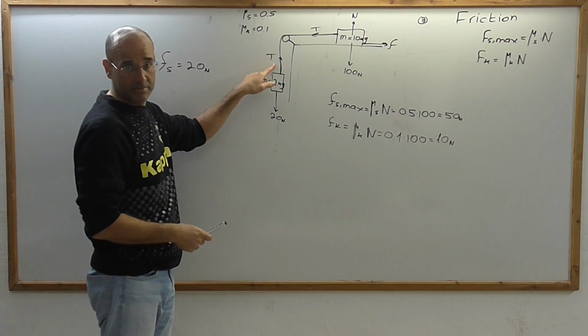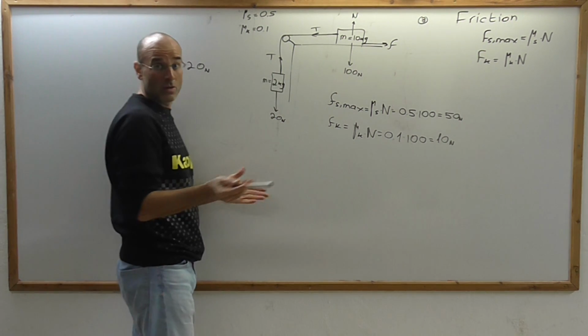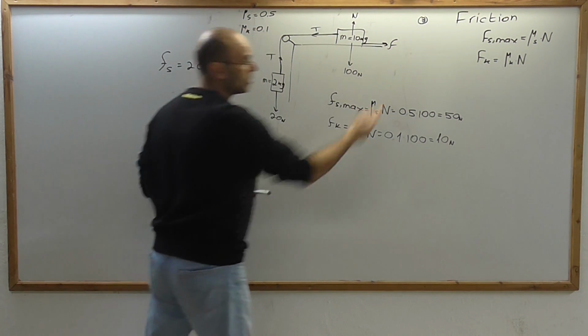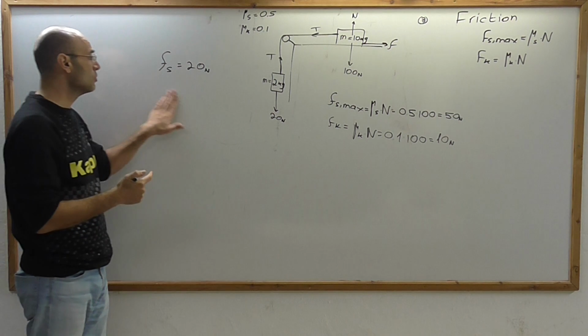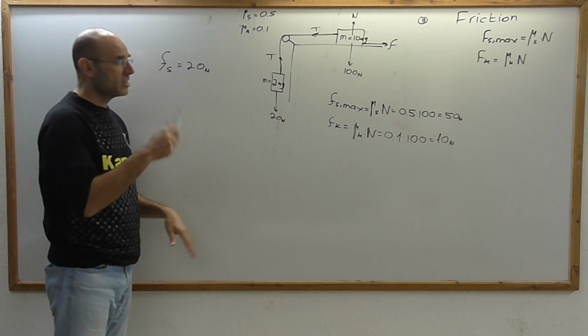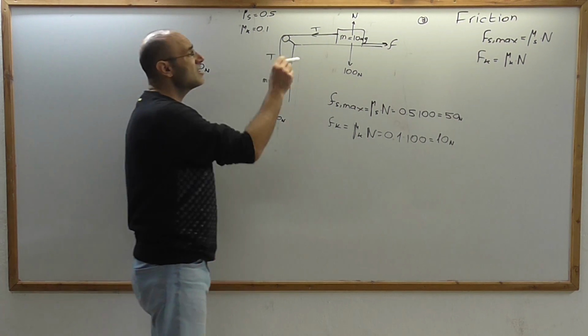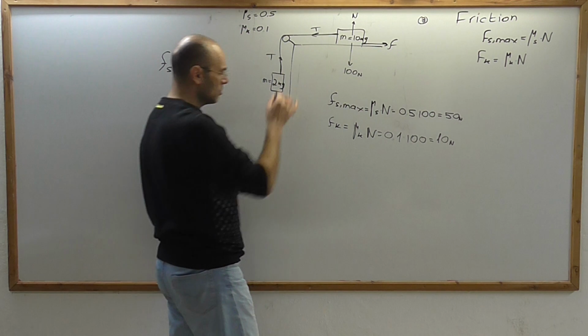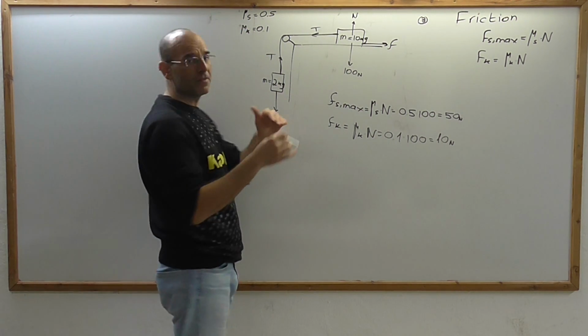If I want to find tensions, I know the system doesn't move, so T equals 20, T also equals 20, and it won't move. Acceleration will be 0. So this is another example that systems don't have to move. The force can adjust to the pulling force up to 50.